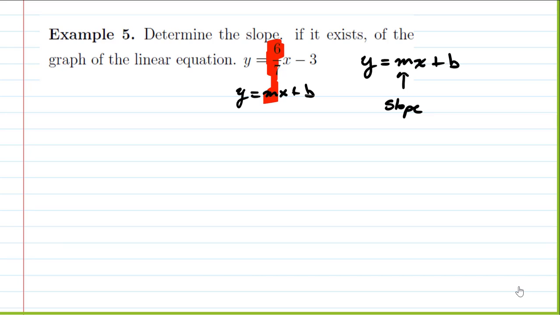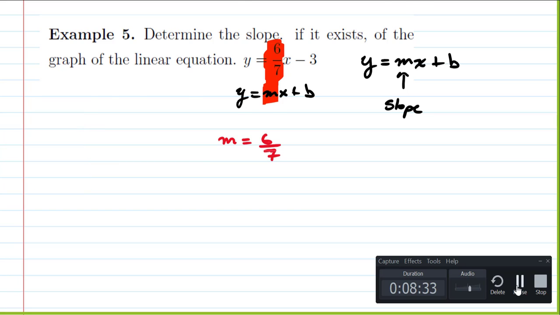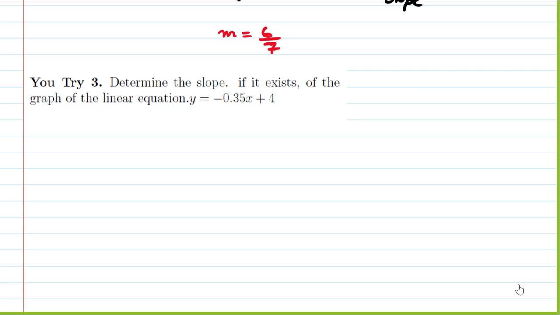In this case, the coefficient on the x is m, so our slope would be positive 6/7. So once again, we just compare it to y equals mx plus b, and we find our m value, so our slope is -0.35.